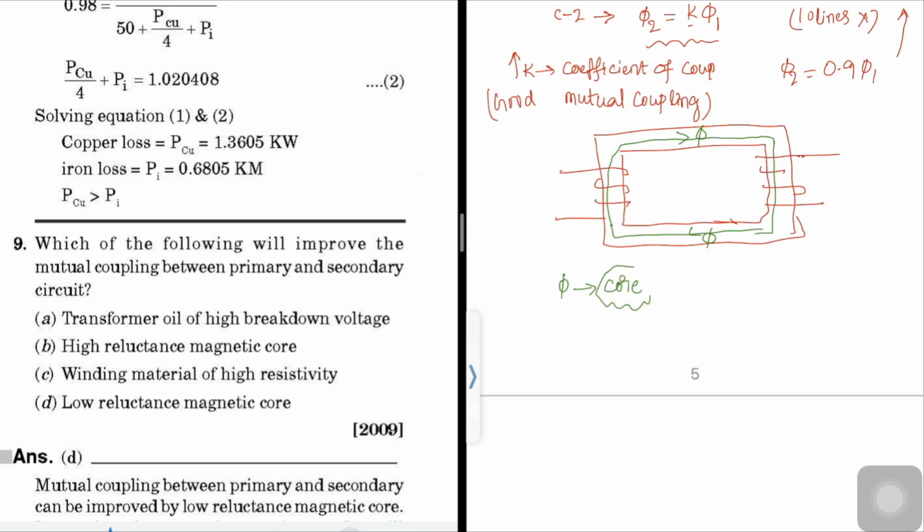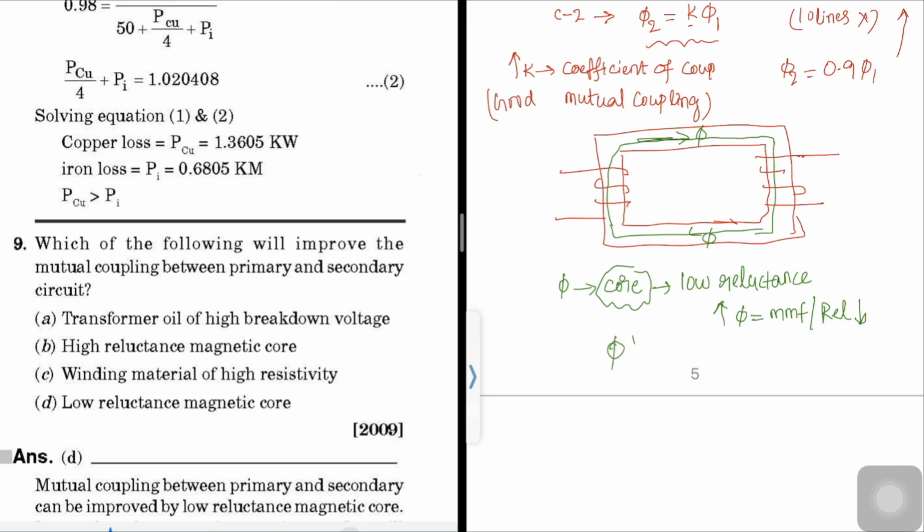If the core is having low reluctance, let it be, you know, phi equal to mmf by reluctance, right. So if the core has less reluctance, then flux will be more. So if the core is of low reluctance, then more flux will be linked with the secondary.